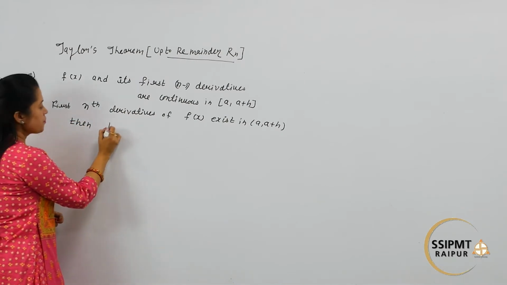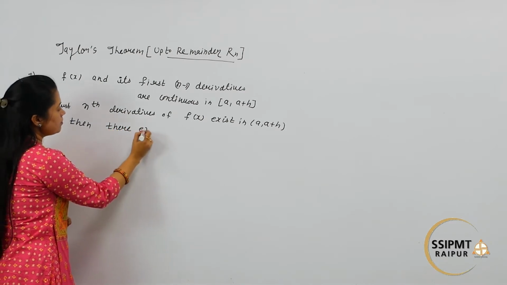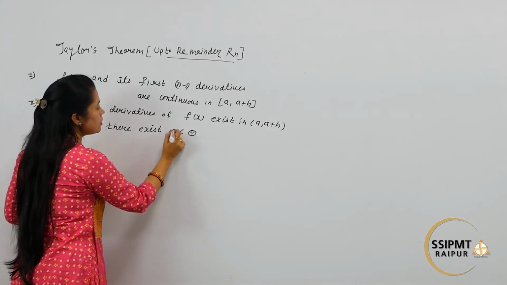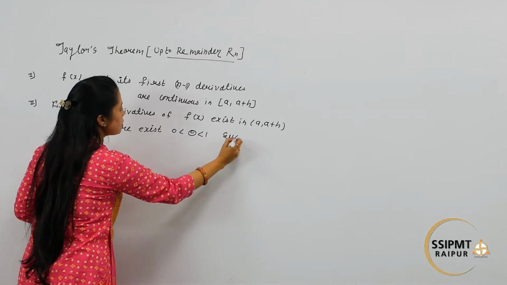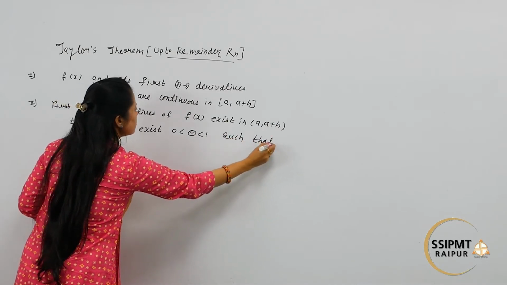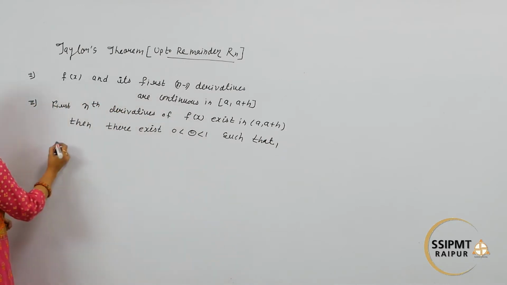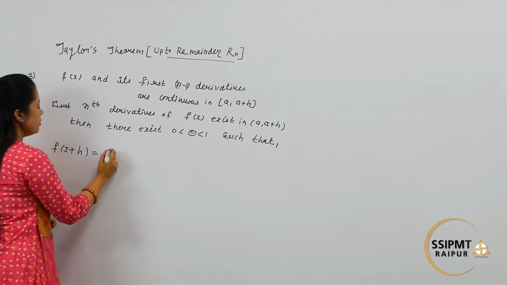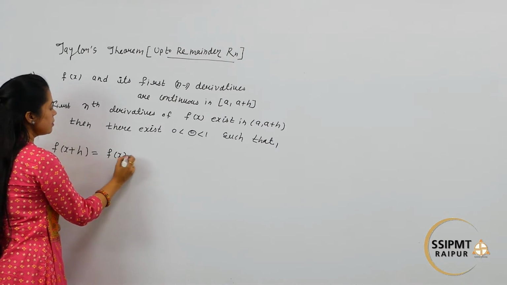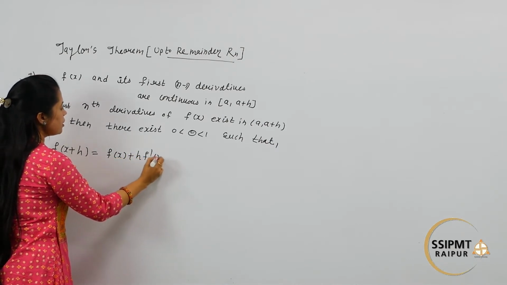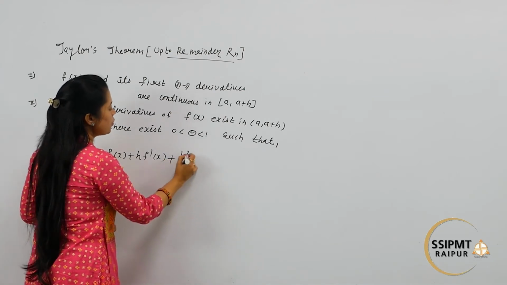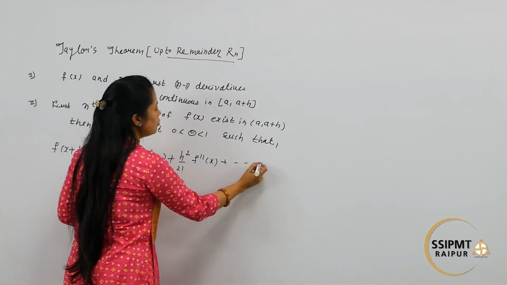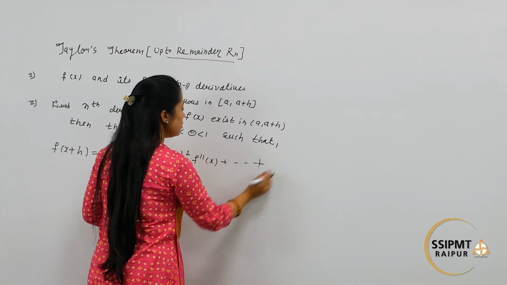there exists a value theta which is between 0 and 1 such that the function f(x+h) can be expanded as f(x) + h f'(x) + h²/2! f''(x) up to the last term, which gives us the remainder Rn.